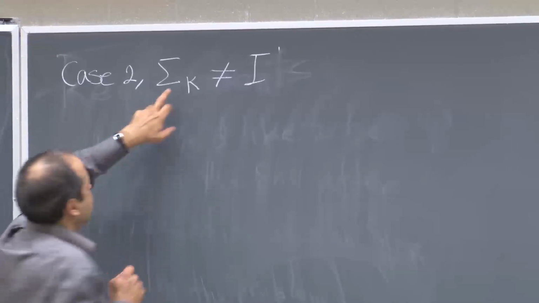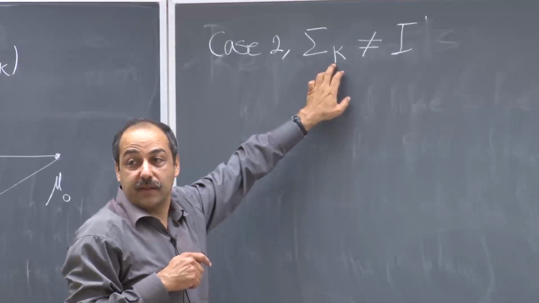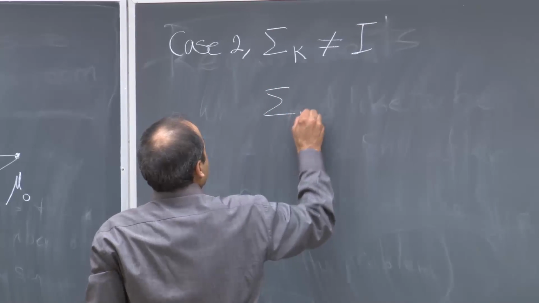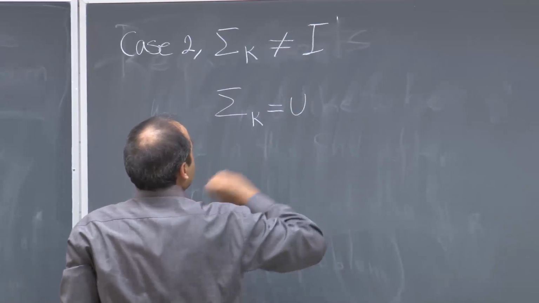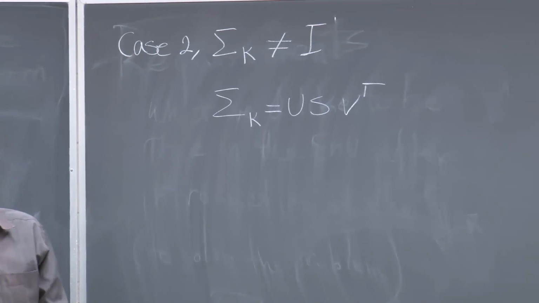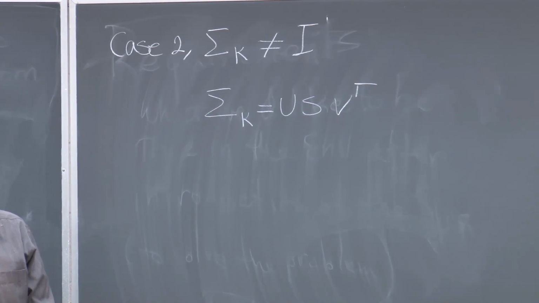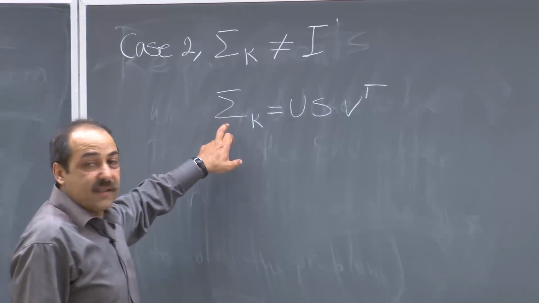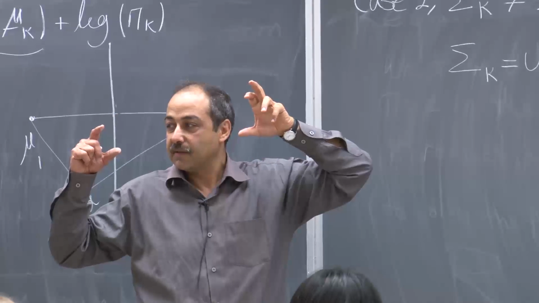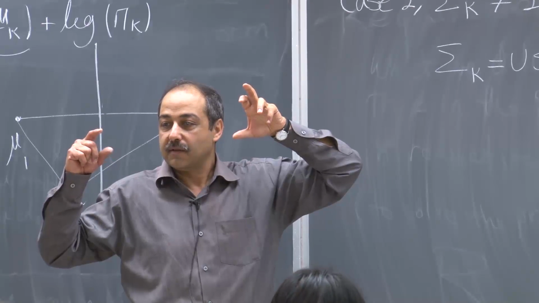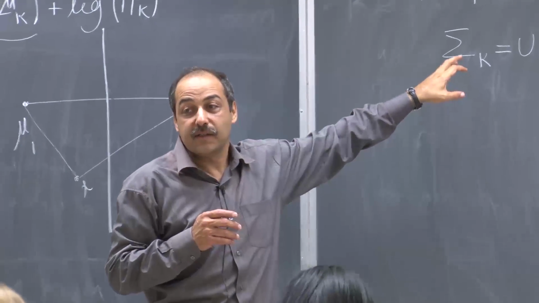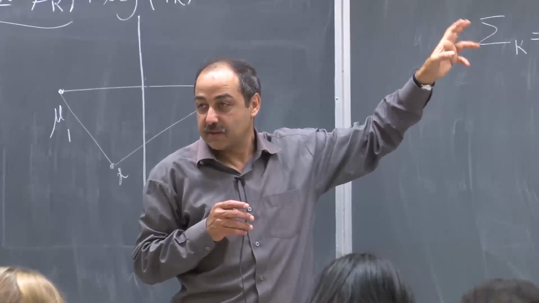So let me decompose this covariance matrix using singular value decomposition. If I decompose it, then this sigma k would be U S V transpose. But this sigma is a covariance matrix. Covariance matrix is symmetric, right? Any covariance matrix is symmetric. So sigma is equal to sigma transpose because it's symmetric.